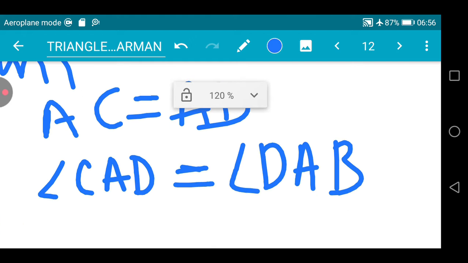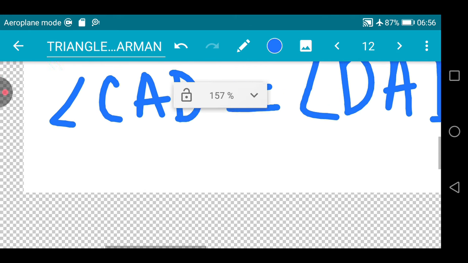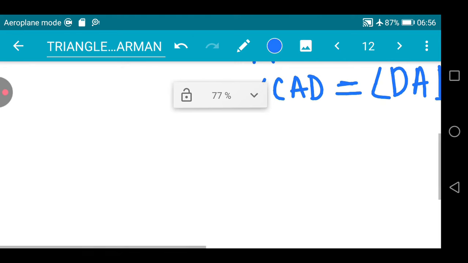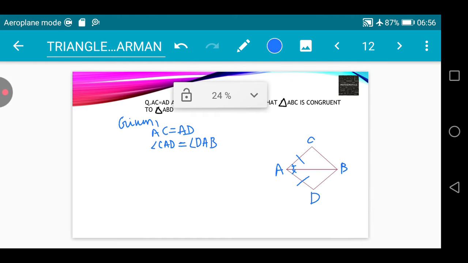Or you can write it with numbers, as angle 1 and angle 2. What do you have to prove? Always when we write an answer in triangles, there are 3 steps. First we will write given, then we will write to prove. If construction is required, then we will write construction, and then proof.